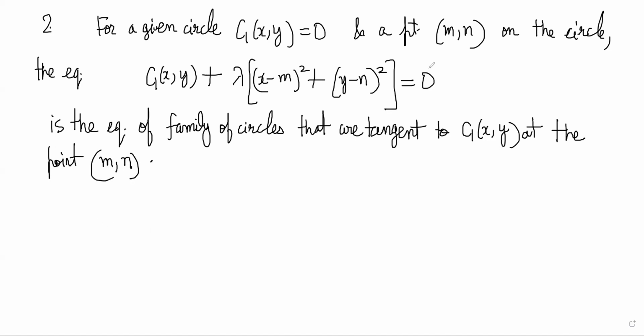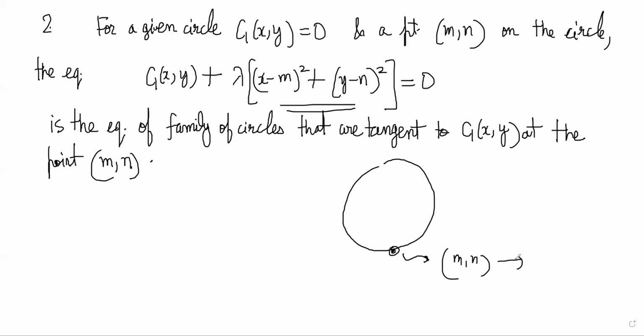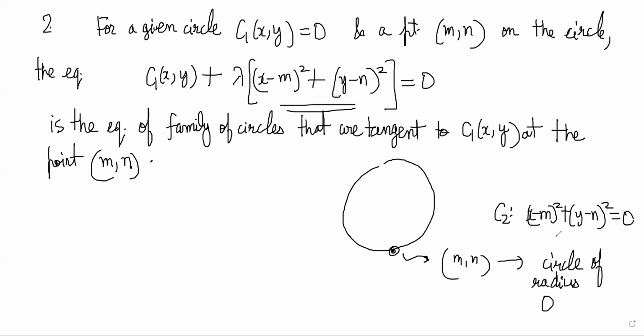So basically what is happening is (m,n) is a point, or you can think of it as a point circle. (m,n) is a circle of radius 0. The equation of this circle would be (x minus m) whole square plus (y minus n) whole square equal to 0. That is a circle of radius 0, or that is a point.